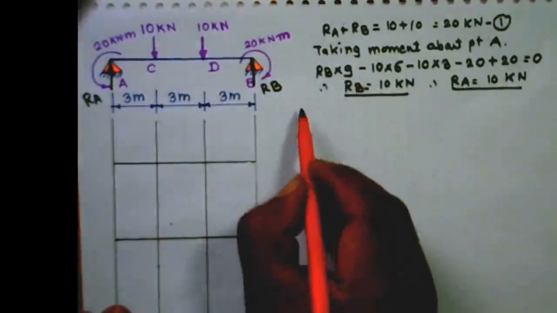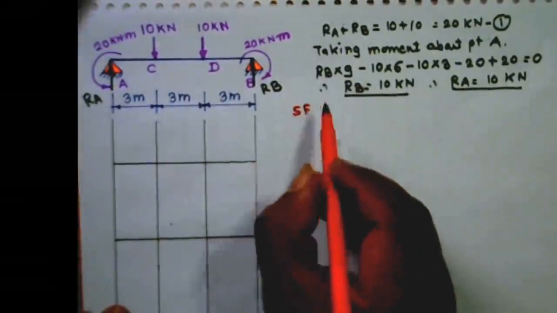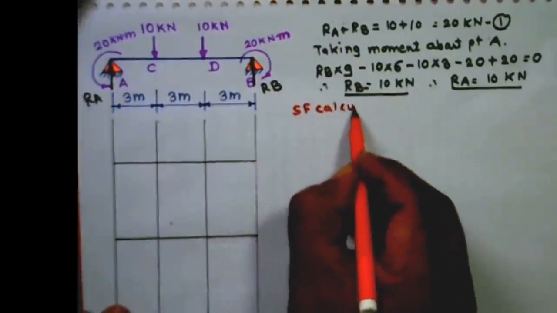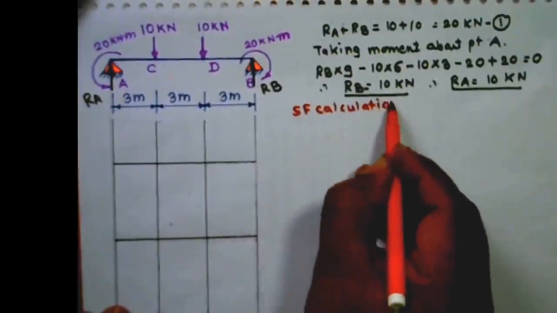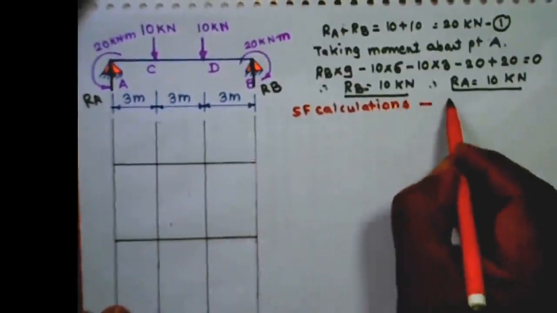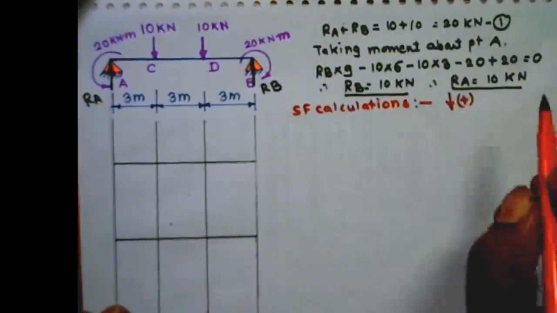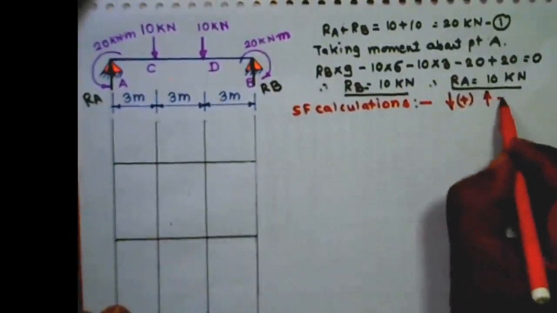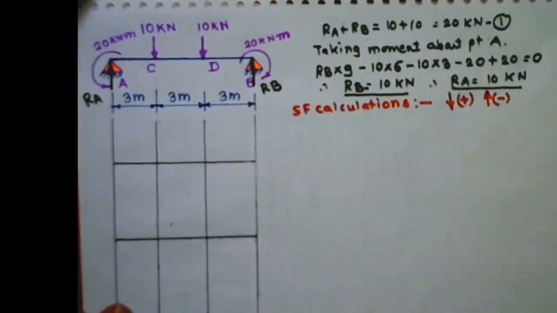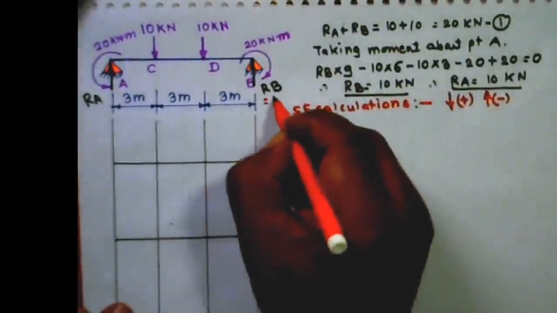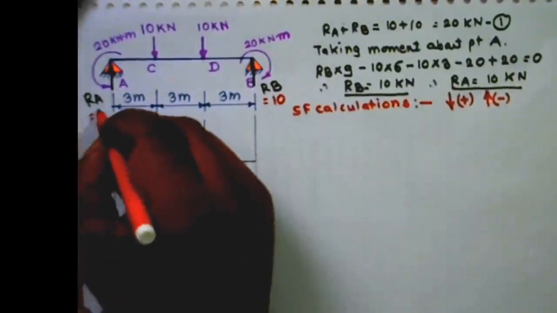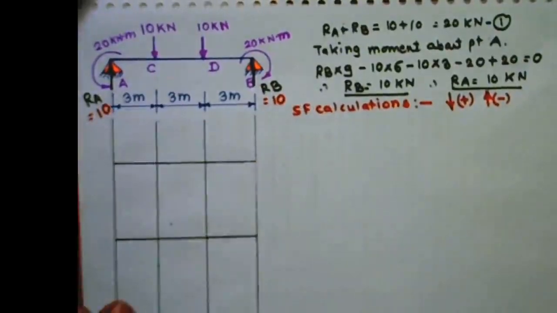Now shear force calculations. Decide our sign convention: downward force positive, upward force negative. So RB is equal to 10, RA is equal to 10 kilonewton.